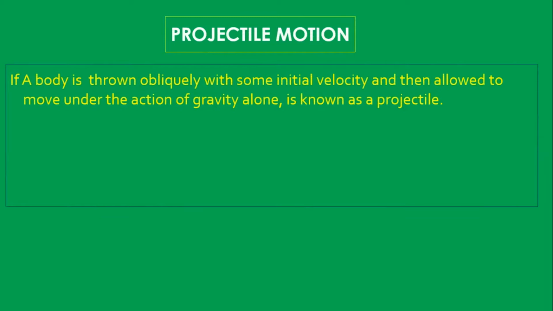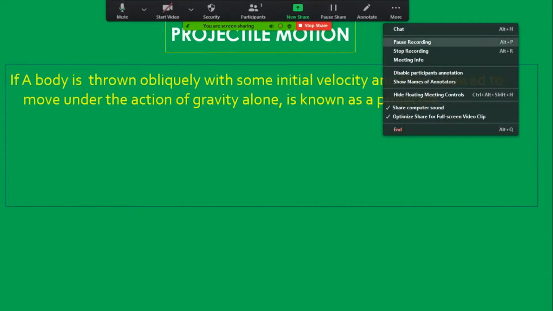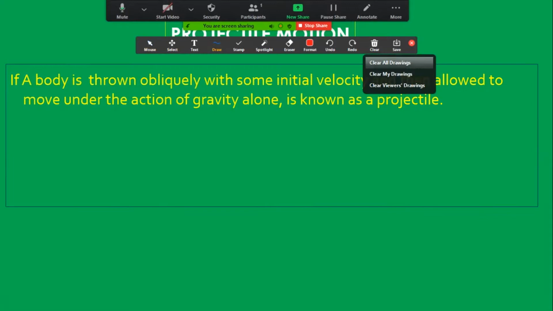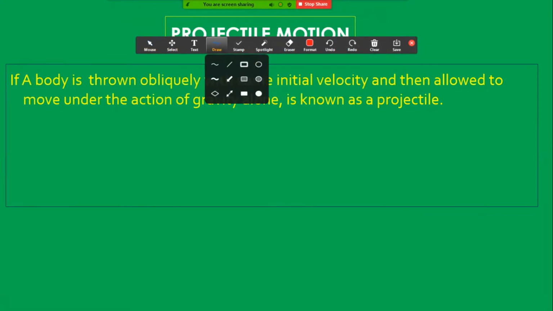What is a projectile? If a body is thrown obliquely with some initial velocity and then allowed to move under the action of gravity alone, it is known as a projectile.